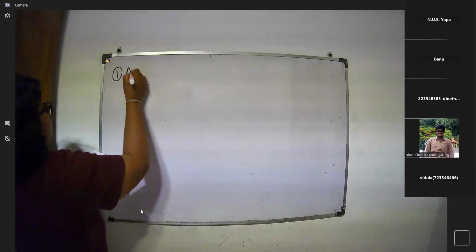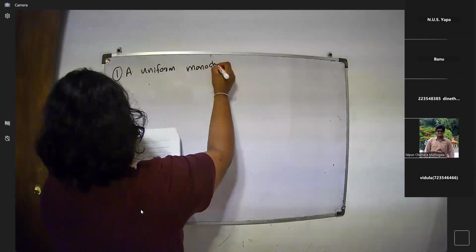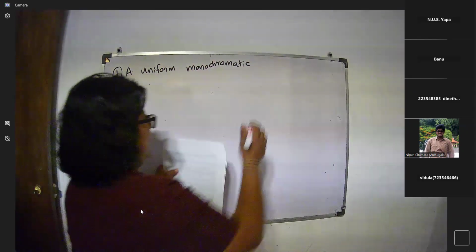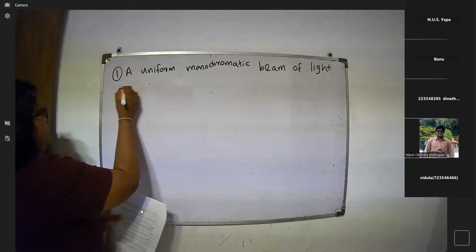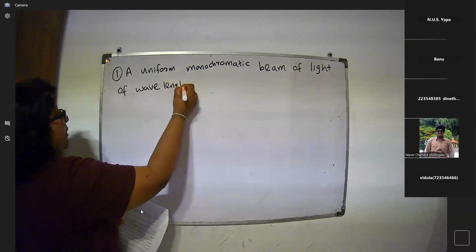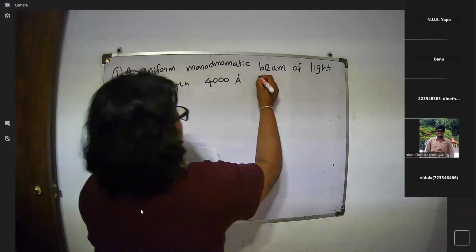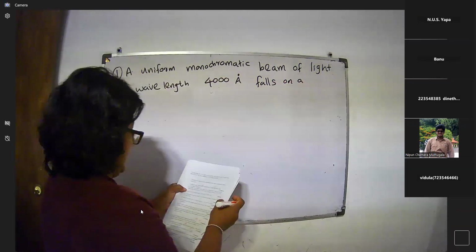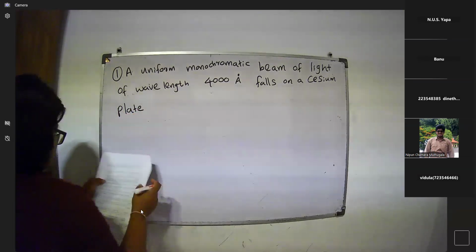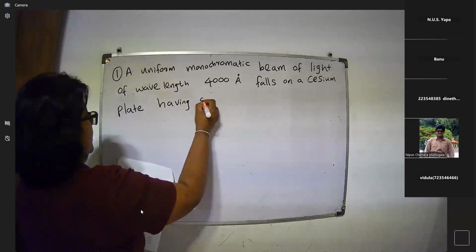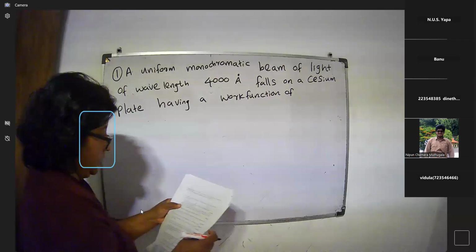A uniform monochromatic beam of light of wavelength 4000 angstrom falls on a cesium plate having a work function of 2 electron volts.